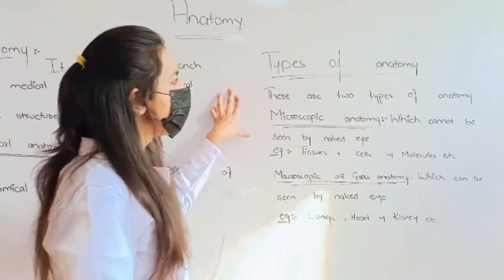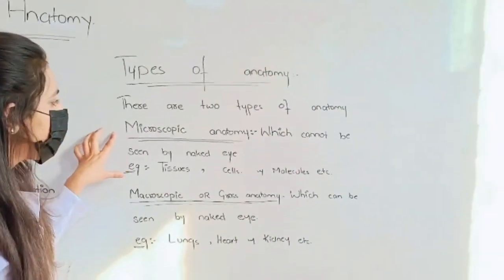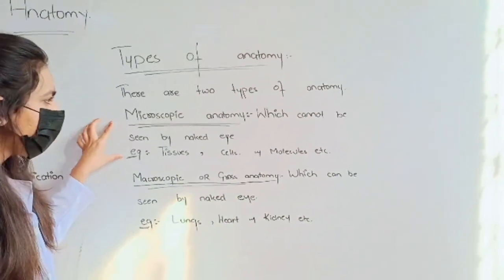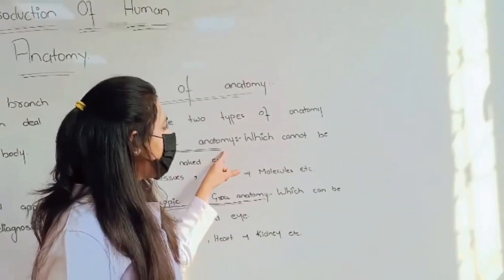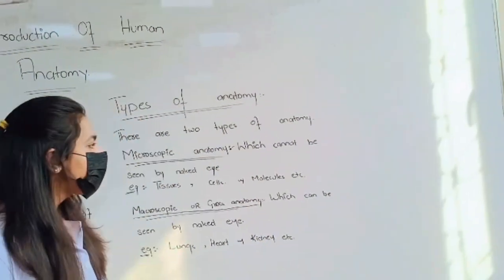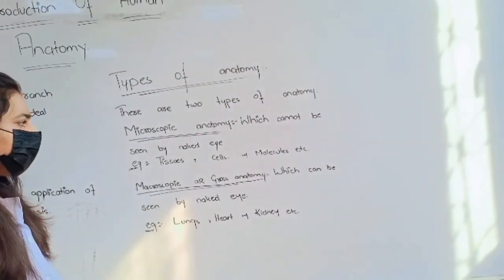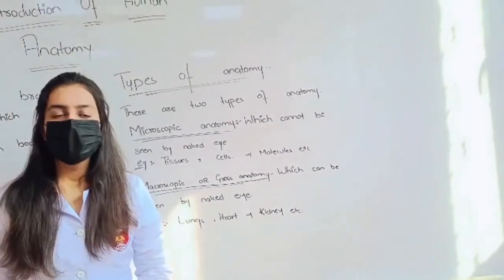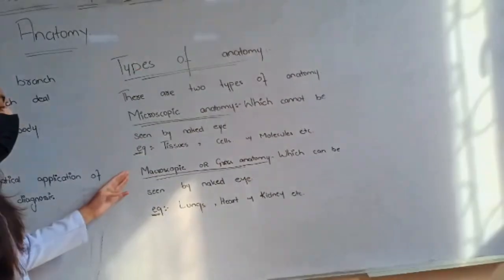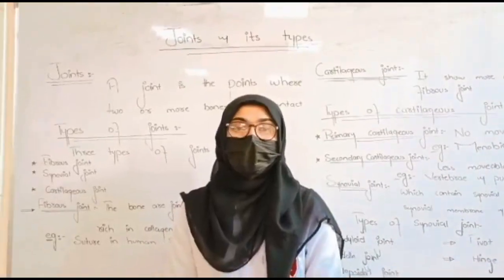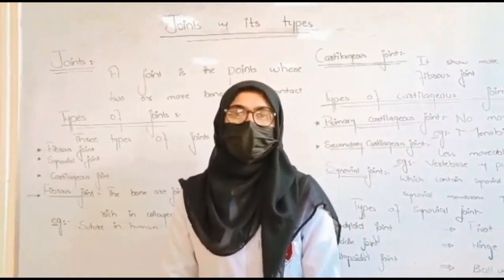We have two types of anatomy: first microscopic anatomy, then macroscopic anatomy. Microscopic anatomy is a type of anatomy which cannot be seen by the naked eye. For example, tissues, cells, molecules, etc.